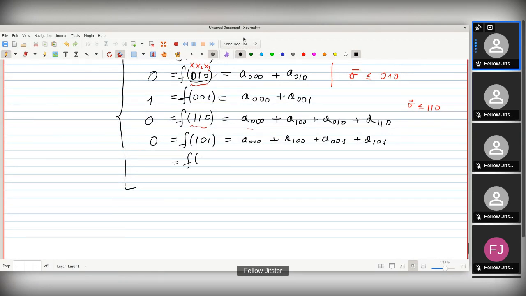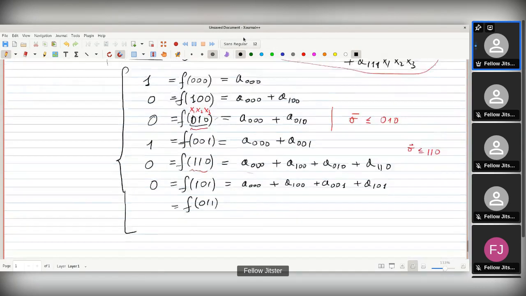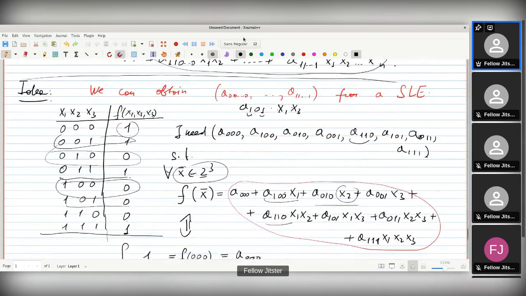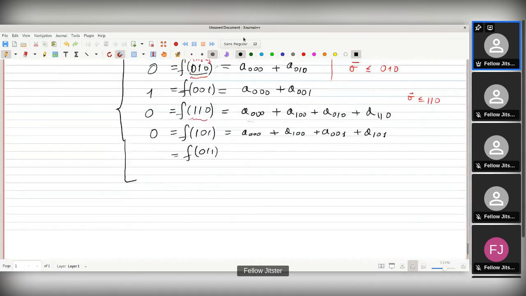F of 0, 1, 1. On the one hand, it is 1. On the other hand, it is A000 plus A010 plus A001 plus A011.